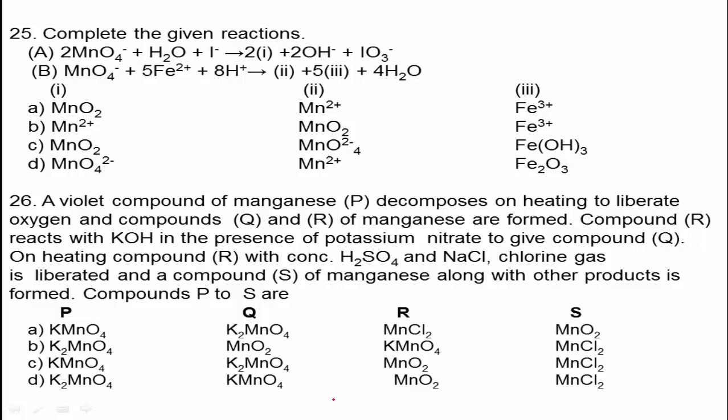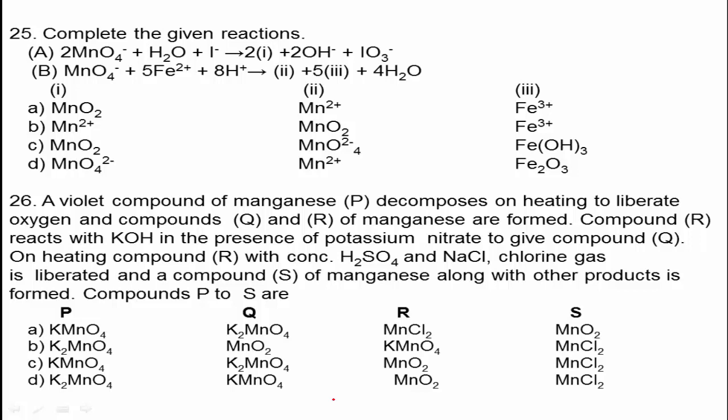When you observe these reactions, in the first reaction 2MnO4 minus plus H2O plus I minus gives 2OH minus plus IO3 minus. This is an oxidation reduction reaction. MnO4 minus is an oxidizing agent, I minus is a reducing agent. Then the second reaction is also an example of a redox reaction.